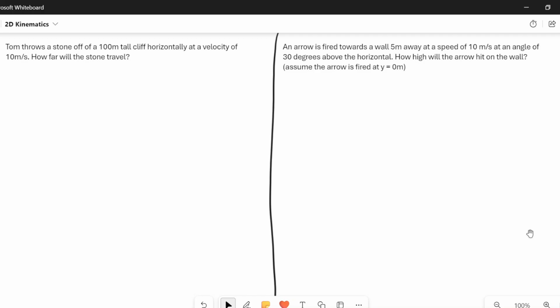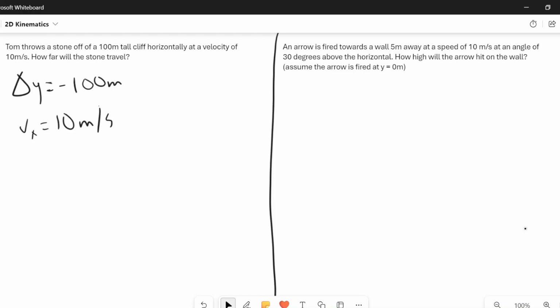So Tom throws a stone off a 100-meter tall cliff. So we get that the delta y equals negative 100 meters, and Vx equals 10 meters per second, since the thrown velocity is 10 meters per second.